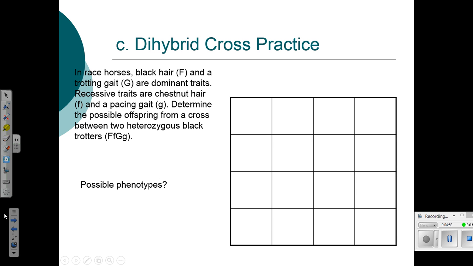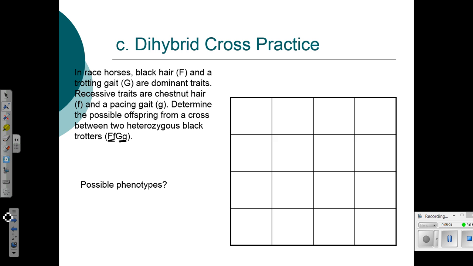Okay, so here's an actual example. In racehorses, black hair and trotting gait are dominant to chestnut hair and pacing gait. We're going to cross two heterozygous black trotters. Okay, so heterozygous black means big F, little f, and heterozygous trotters is referring to the G, so big, little.